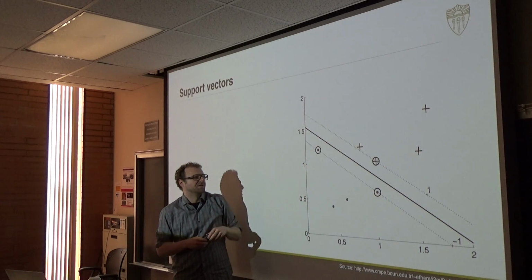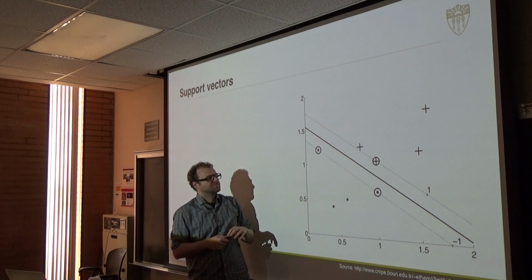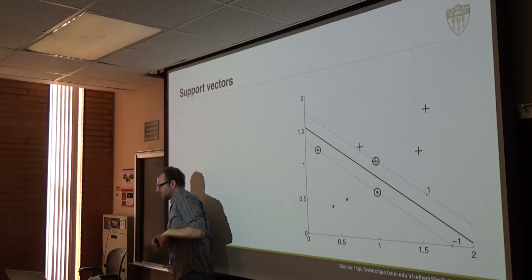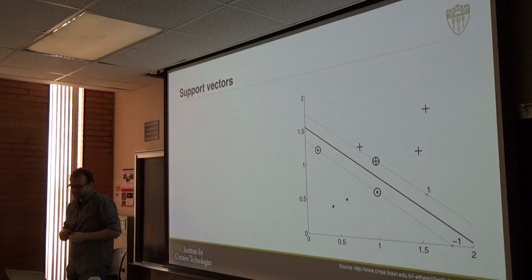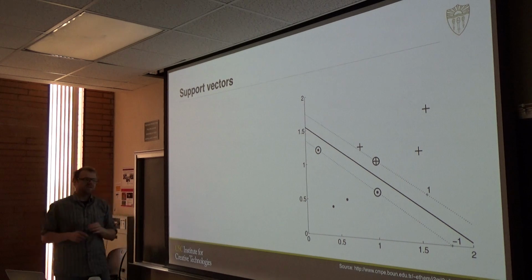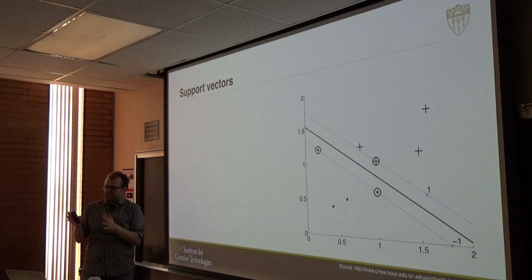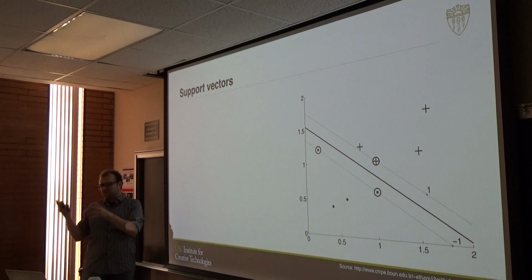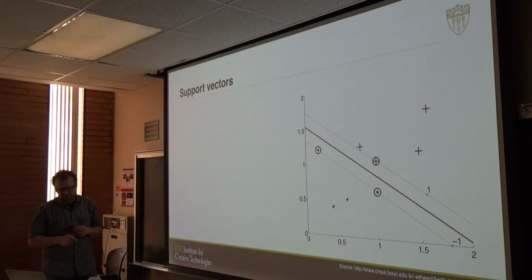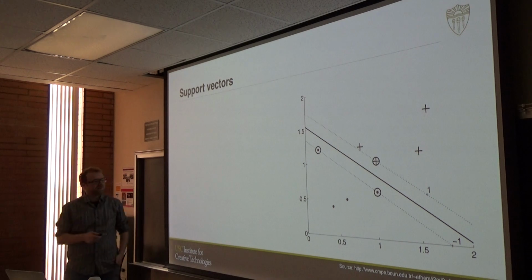We can come up with maybe a polynomial separation and so on. We'll talk about that. And this decision of whether I choose a linear separation, a polynomial separation, or a radial basis function separation is my decision of what kernel I use. Okay, and we're going to get to that point. So these are going to be our kernels.